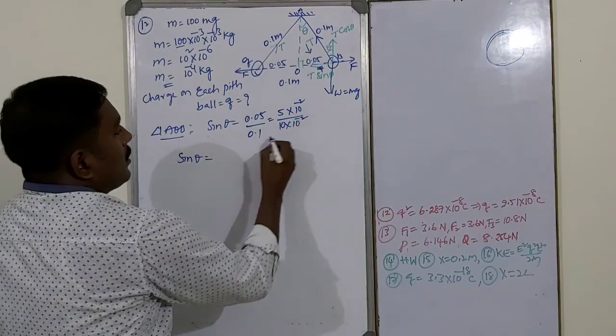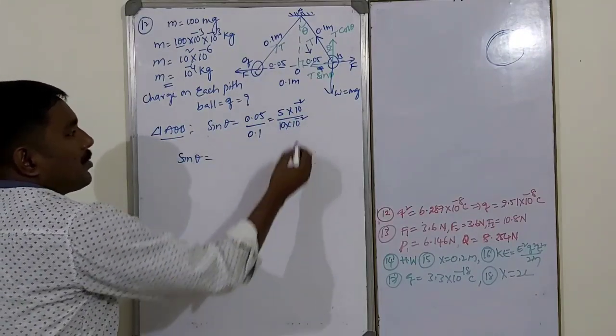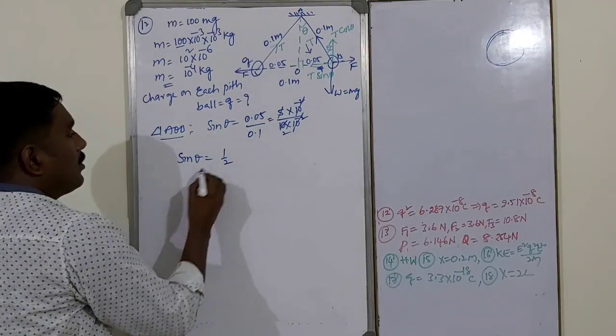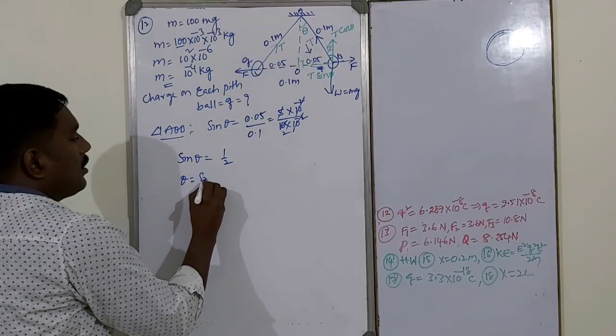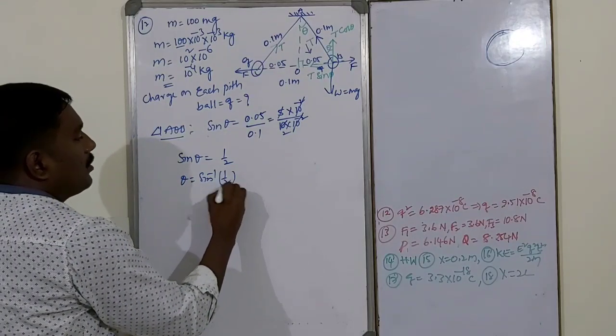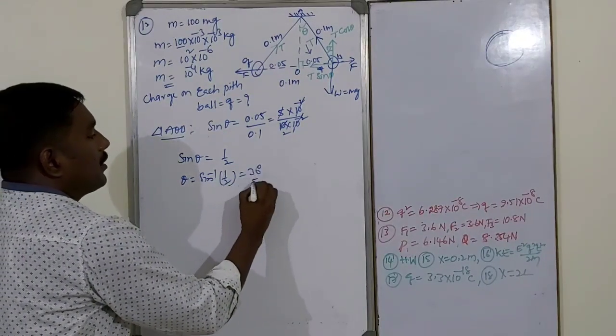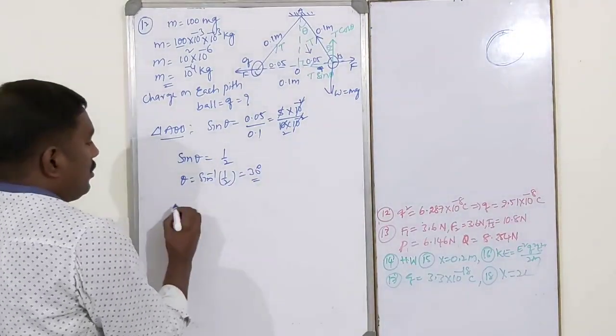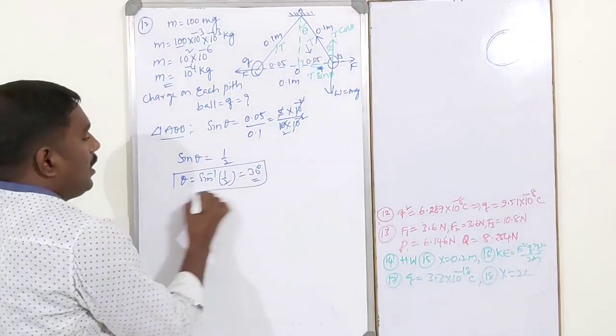I wrote 0.1 as 10 into 10 power minus 2. Minus 2 cancels, 5 1s are 5, 2 5s are 10. This is 1/2. So theta is equal to what? Sin inverse of 1/2, that is equal to 30 degrees. The theta value is 30 degrees.